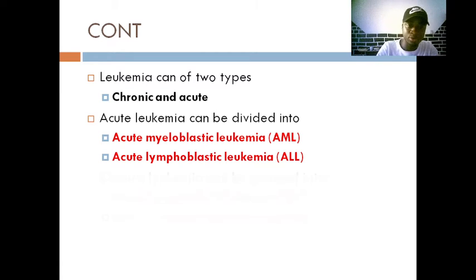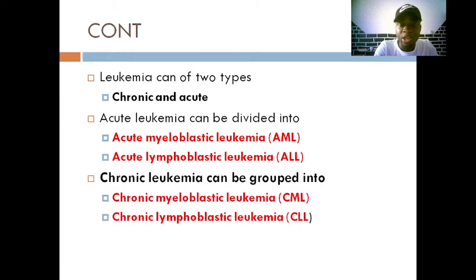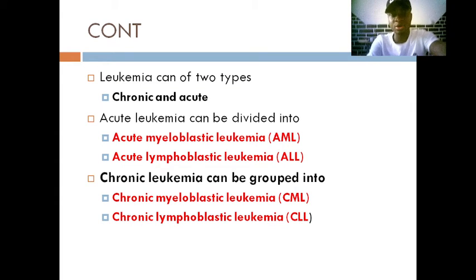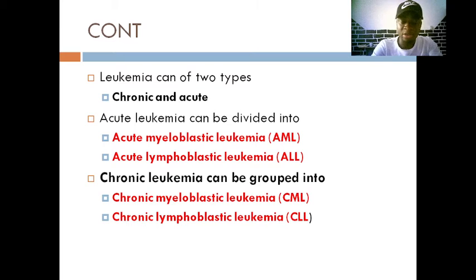Okay, very important. Now, the chronic leukemia can be grouped into two: chronic myeloblastic leukemia and chronic lymphoblastic leukemia. You understand that? So in chronic myeloblastic leukemia, the cell lineage that is mostly affected is the myeloblast, or the myelocytic cell, or the common myeloid progenitor cell, which gives us the myeloid cells.